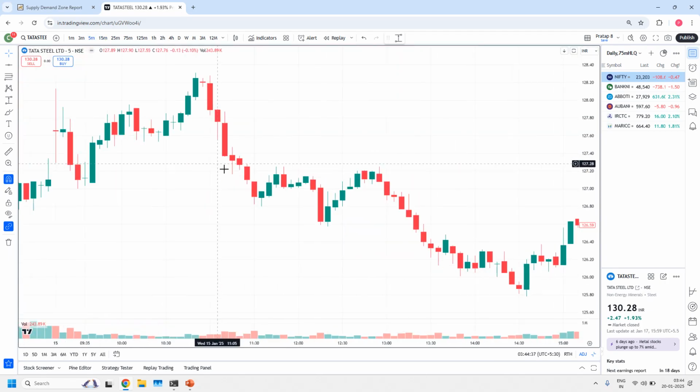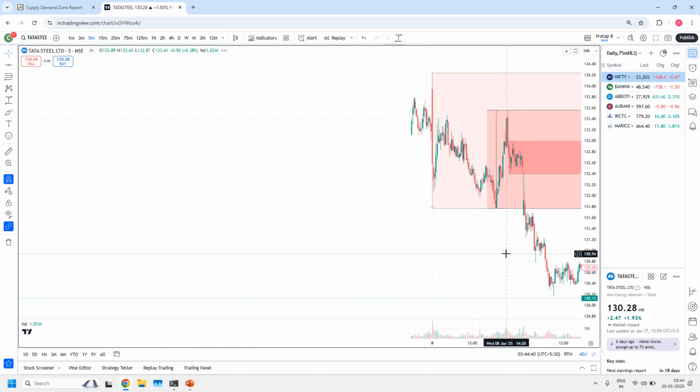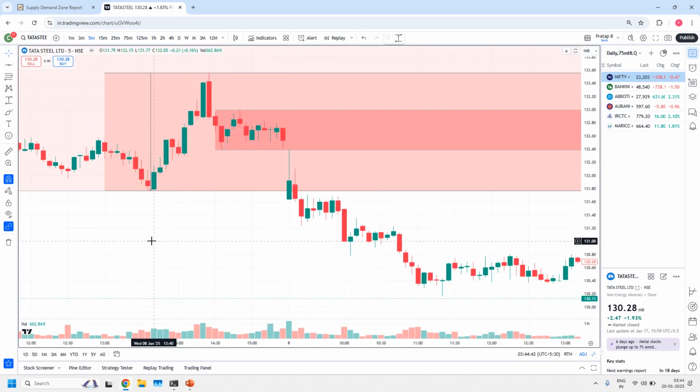So I'm going to the 5 minutes time frame. Let's verify if any fine-tuned zones are available.